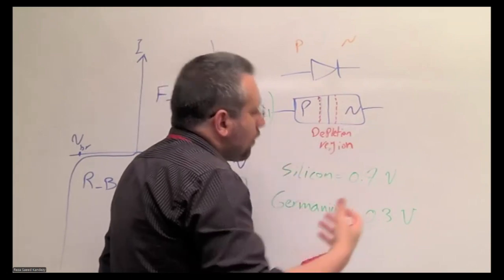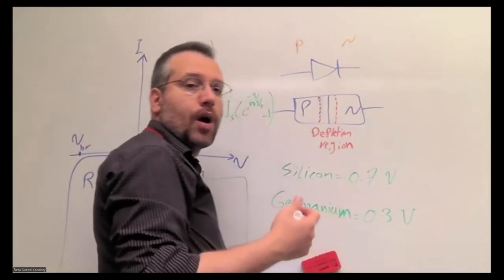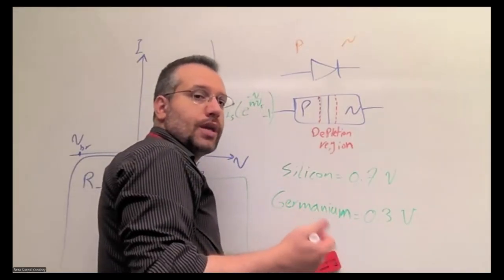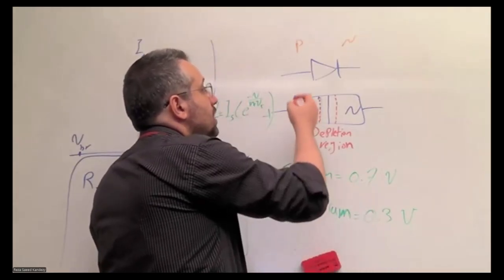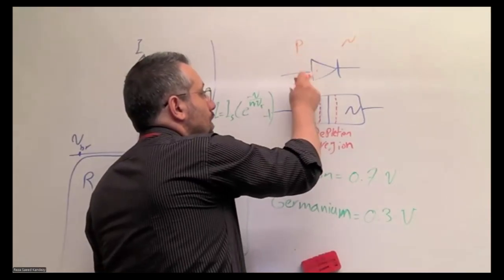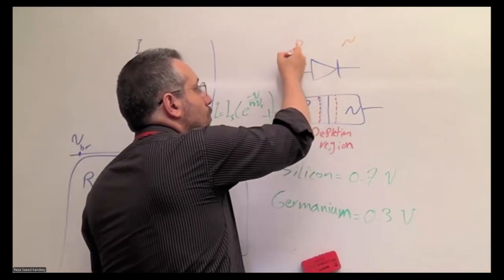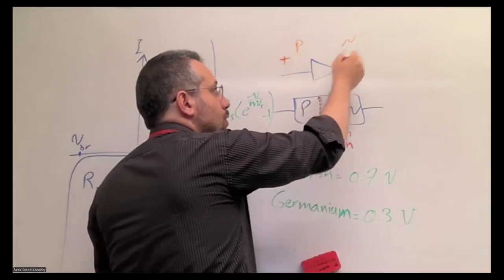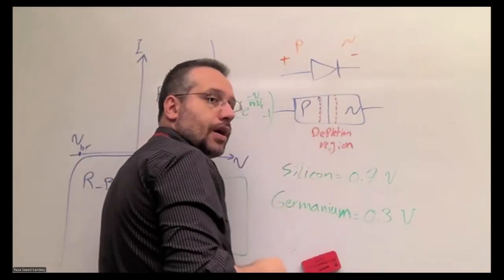Now, in a diode, when we apply a forward bias voltage, what we mean by forward bias is when we connect the anode to the higher voltage and the cathode to the lower voltage.